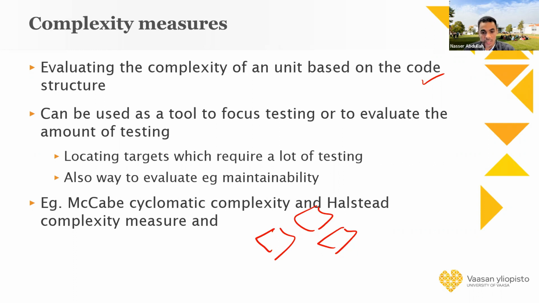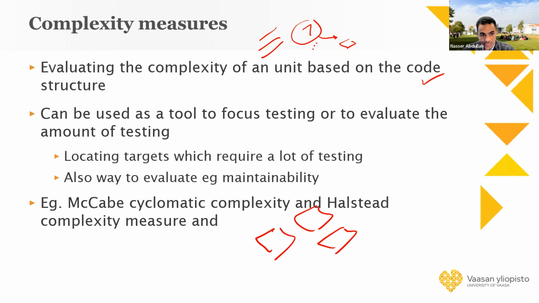Also, in this topic, we have another thing: the complexity number. Now, for example, you have one method and the complexity is 7. That means the minimum number of test cases should be 7. So this can help to determine the minimum number of test cases.